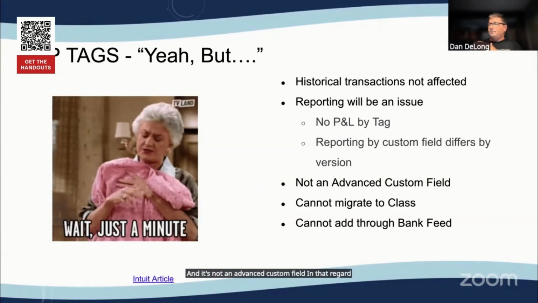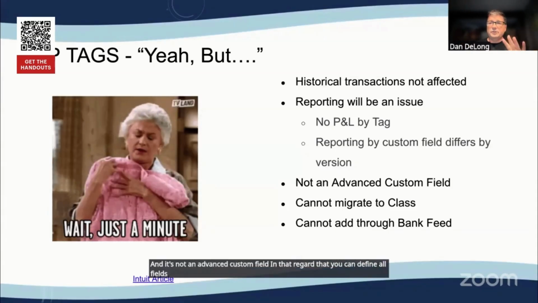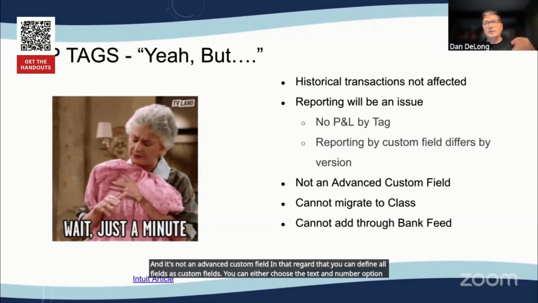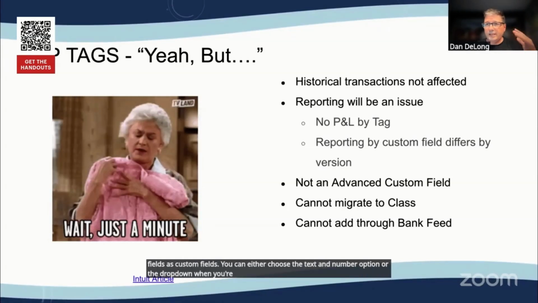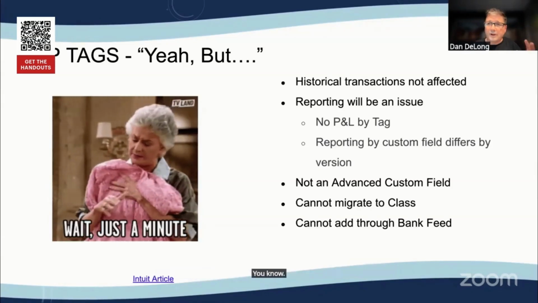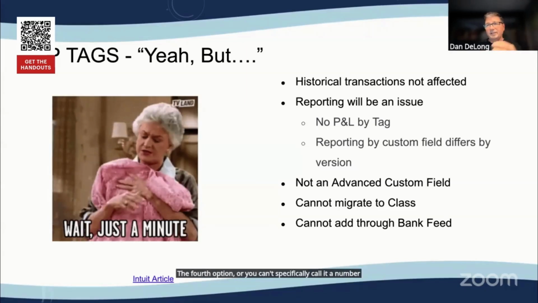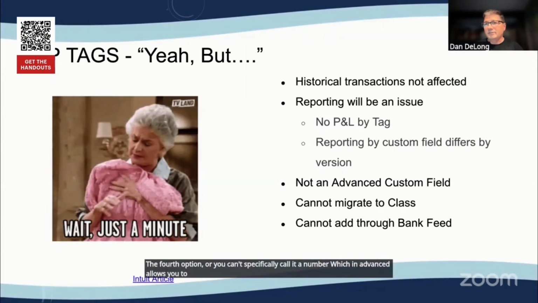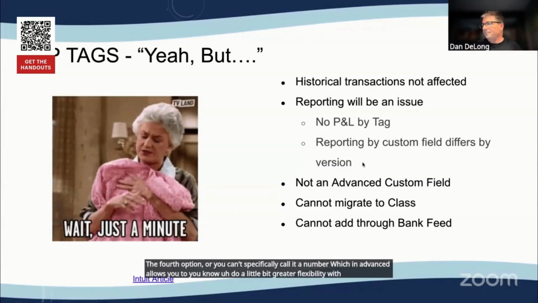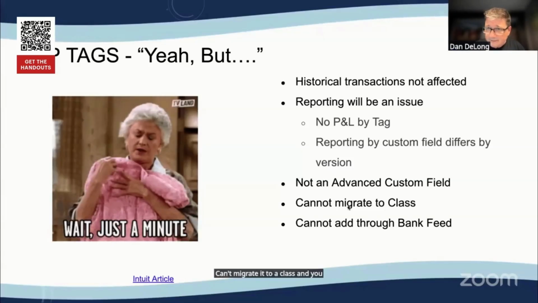You can either choose the text and number option or the drop down when you're creating a custom field, but you can't choose the date option, which is the fourth option, or you can't specifically call it a number, which in Advanced allows you a little bit greater flexibility with numbering filtering. Yeah. Can't migrate it to a class, and you can't add it to the bank feed.